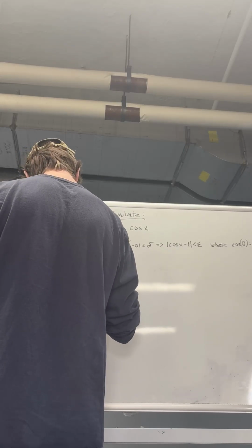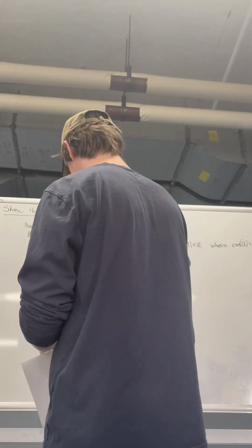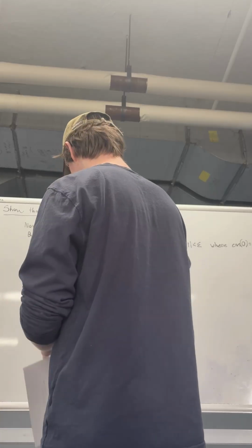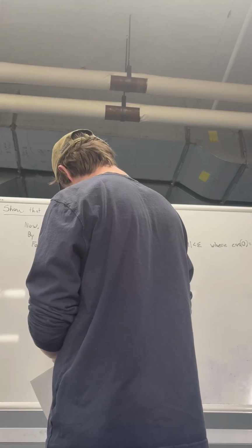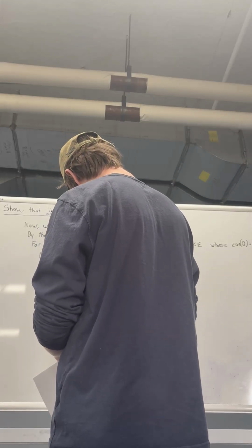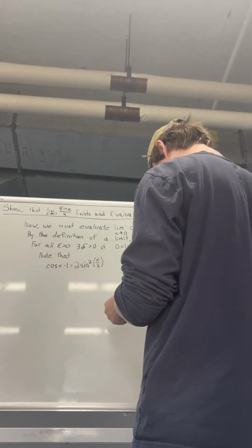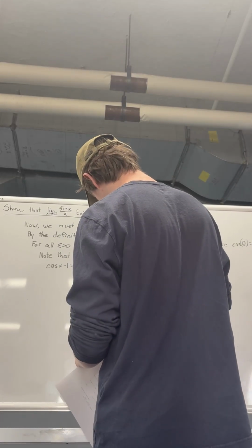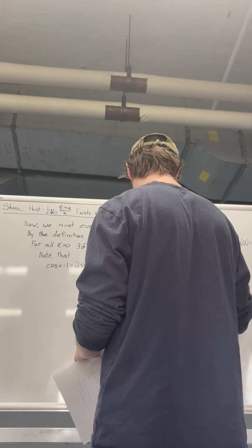So now I invite us to recall from our time in pre-calculus two main identities. The half-angle identity for cosine, which states that 1 minus cosine x is equal to 2 sine squared x over 2. We know that the absolute value of cosine x minus 1 is equal to 1 minus cosine x. So that allows us to apply this.